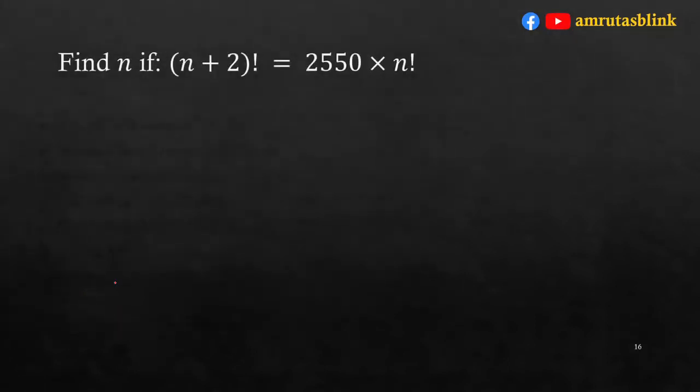Moving to the next variety of problem. Here we need to find out the value of n. Find n if n plus 2 factorial is equal to 2550 into n factorial.